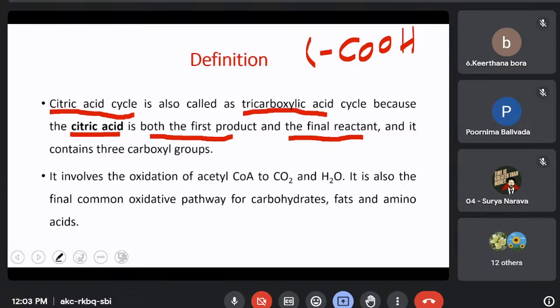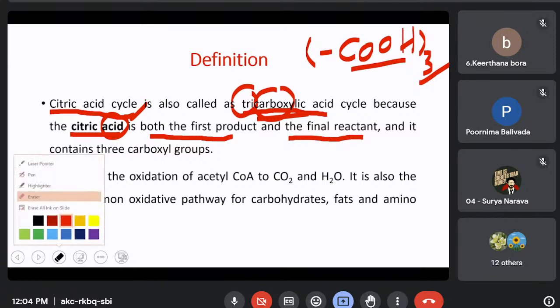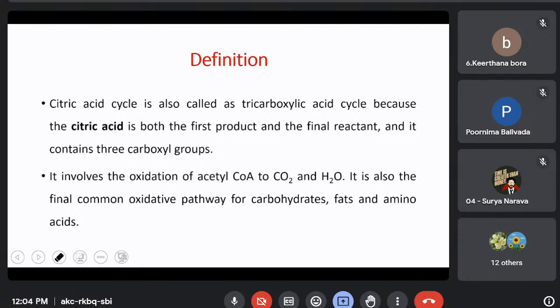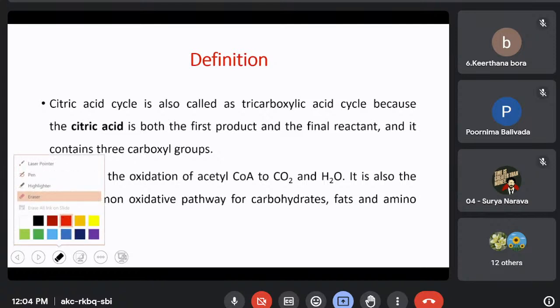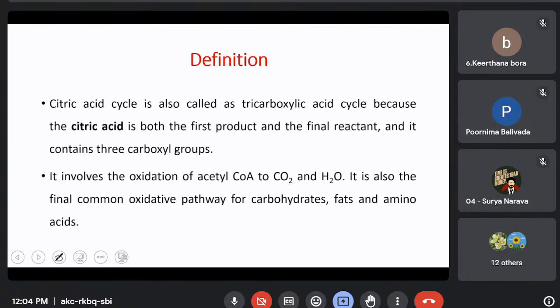Because it contains three carboxyl groups, it is called tri, meaning three carboxyl groups, tricarboxylic acid cycle.